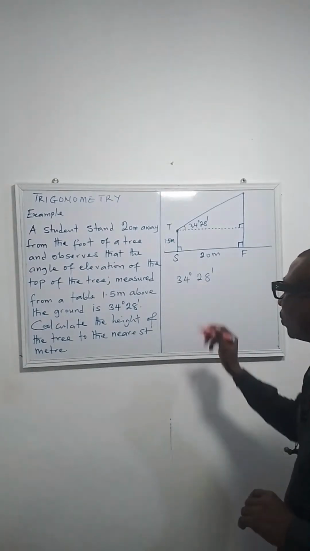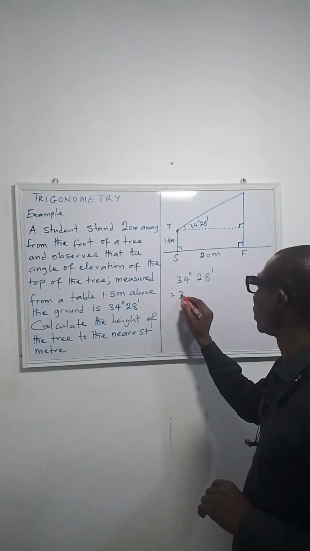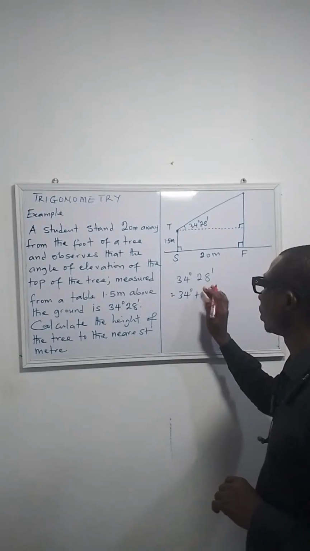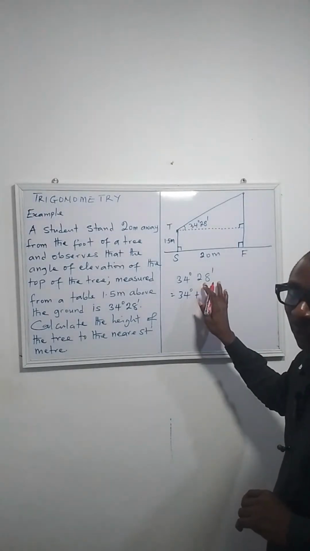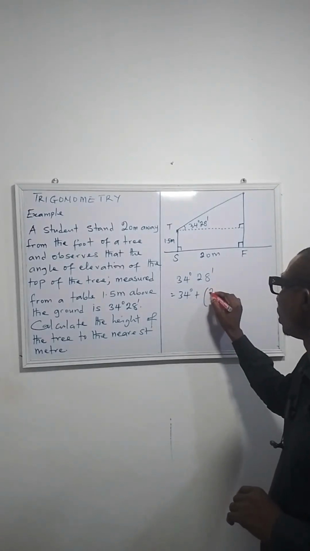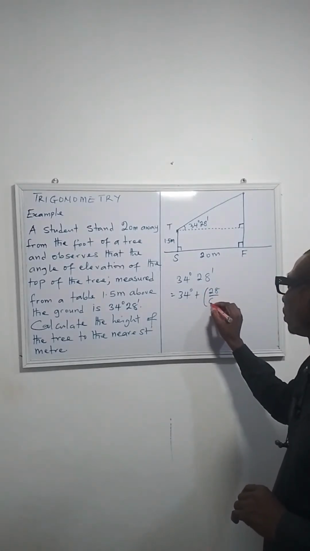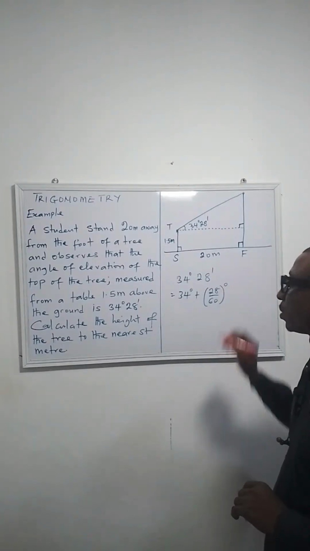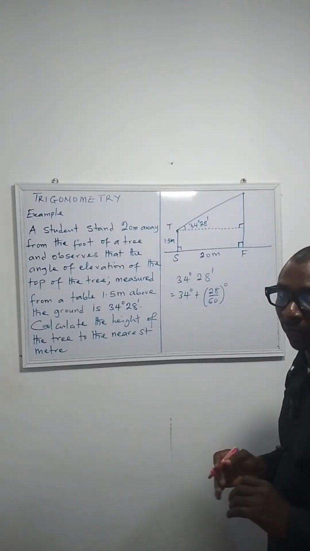So this gives us 34 degrees plus, since I'm converting the minutes to degrees, 28 over 60 degrees. I hope you get that.